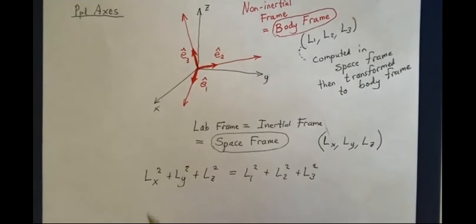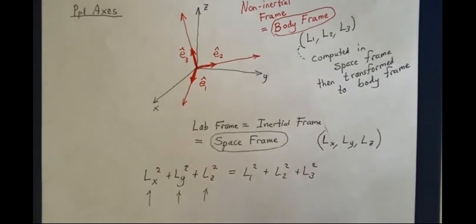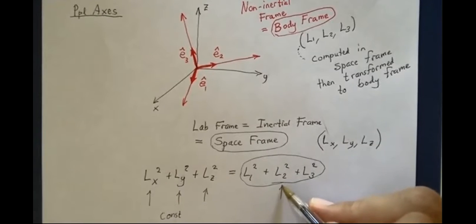Now in the space frame, these three things individually are constant, because in the space frame, for a free rigid object, an object with no torques on it, the angular momentum vector is a constant vector. So these are all constant. In the body frame, these individual things are not constant, but the grand total, the sum of the squares, is a constant.